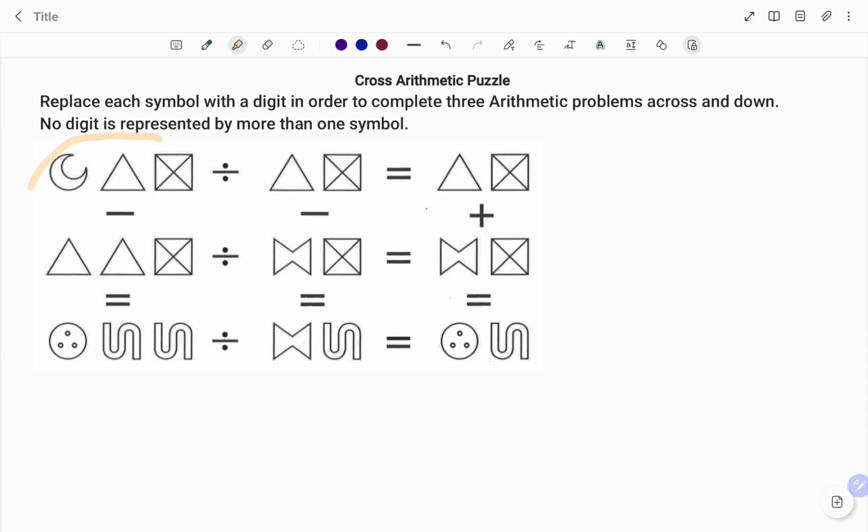I'm going to start from my left hand side. I have the moon shape, the triangle, and the X box, subtracting the triangle and the box. What we have is a button, the S and 2S shape.